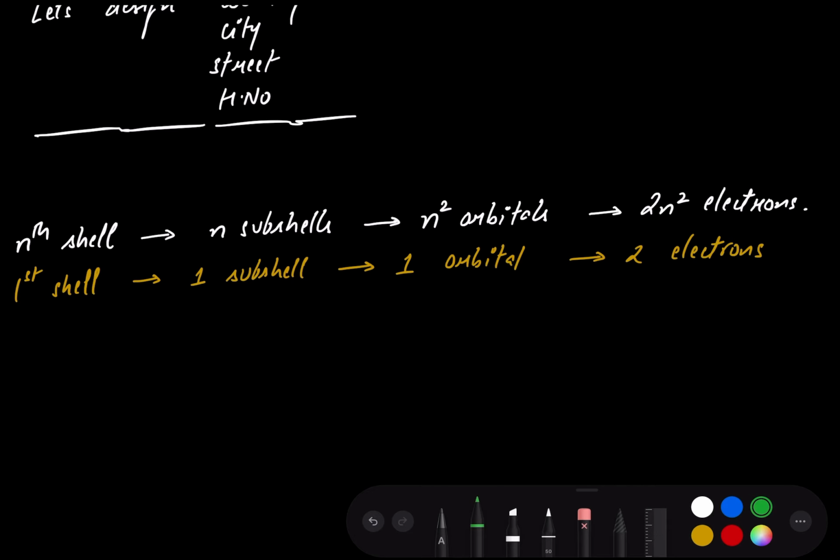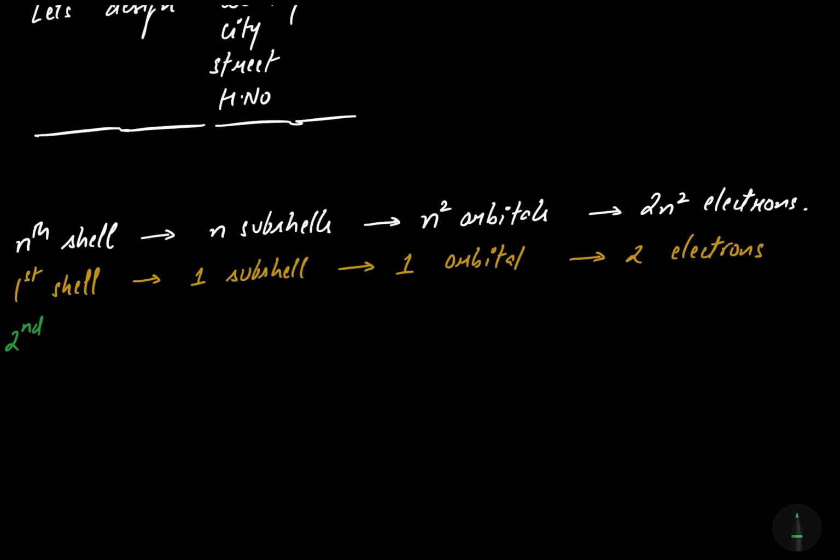Now let's talk about the second shell. The second shell will have two subshells. 2 square orbitals comes out to be 4 orbitals. One orbital has 2 electrons, which means 4 orbitals will have 8 electrons, or you can say 2n square electrons. So 2 into 2 square comes out to be 8. We got a maximum of 8 electrons in the second shell.